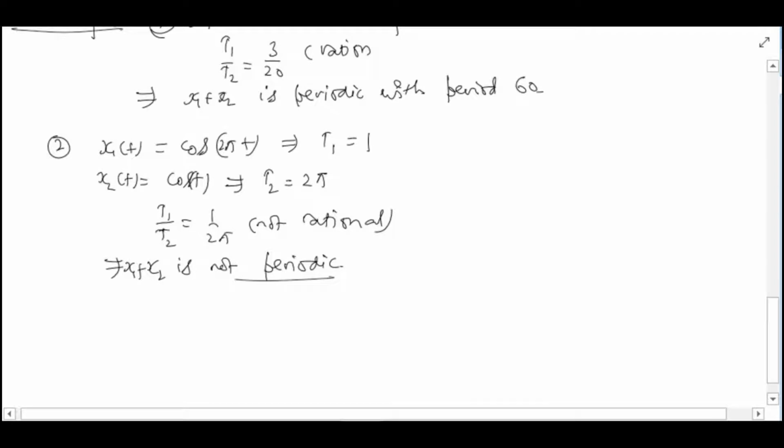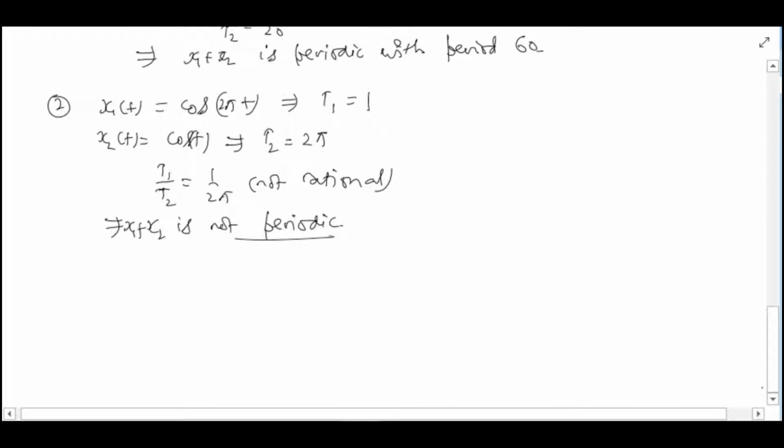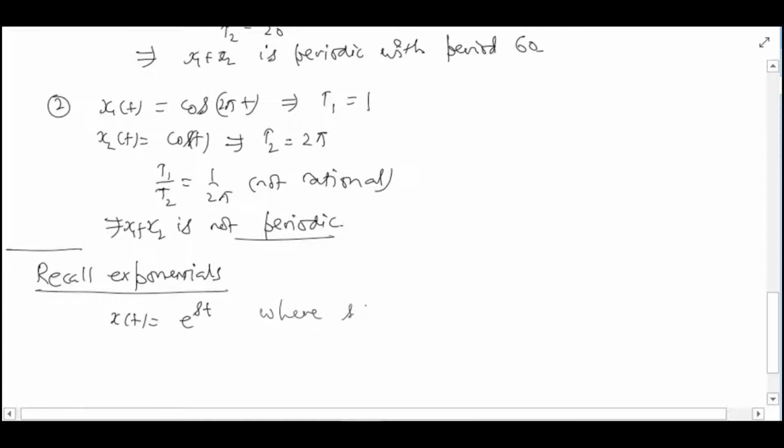Having seen periodic signals, let us now also recall the notion of complex exponentials. Recall that x(t) equal to e^(st), where s is a complex number, is called a complex exponential.